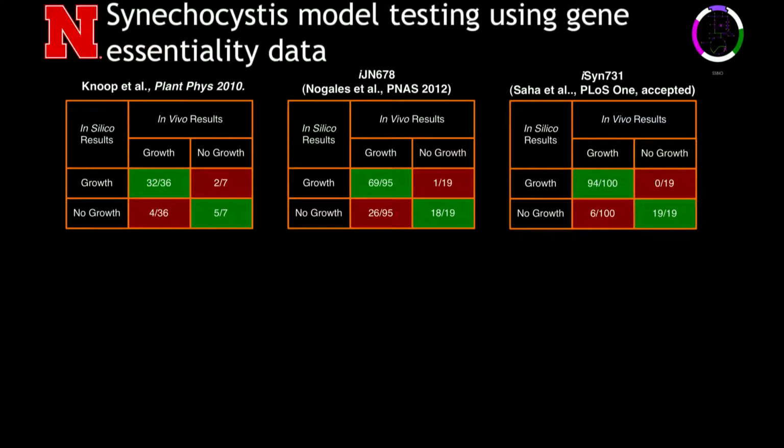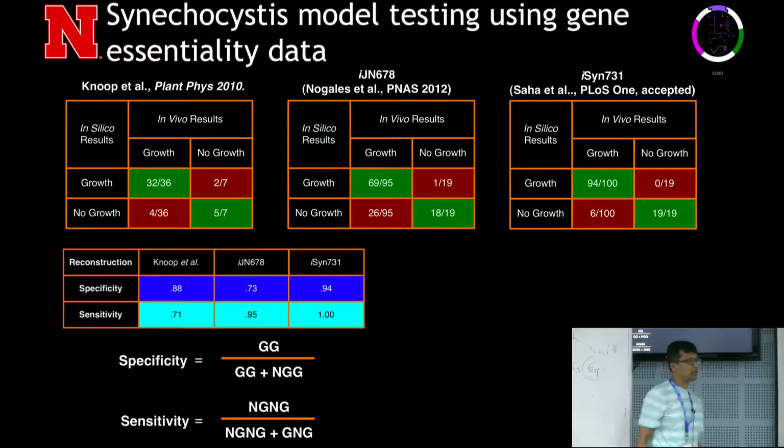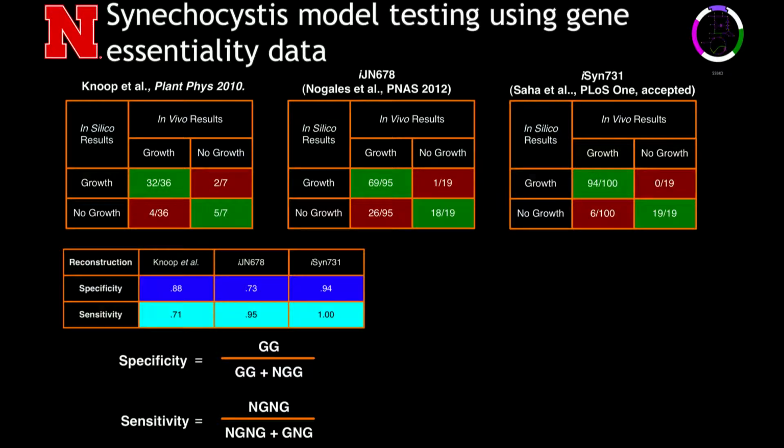So, for instance, no growth we could not predict any of them, no growth 6 out of 100. So, once you do that, basically then you can calculate specificity and sensitivity, and that is some metric people use all the time to get how good or bad your model is.